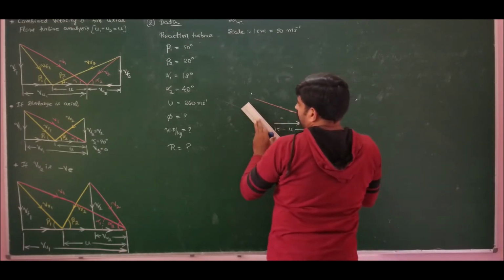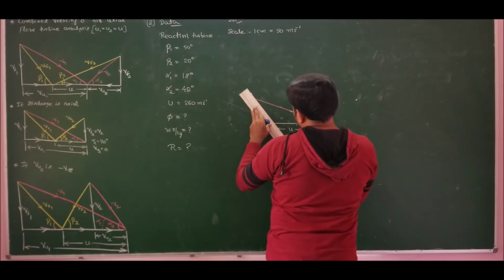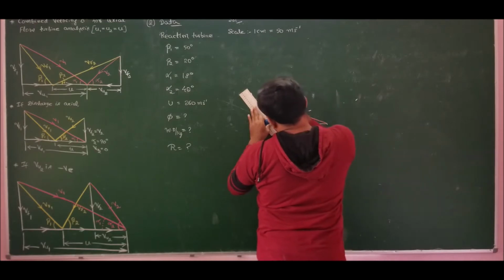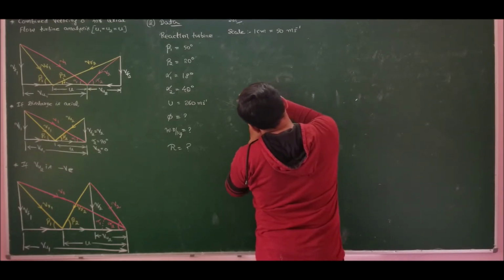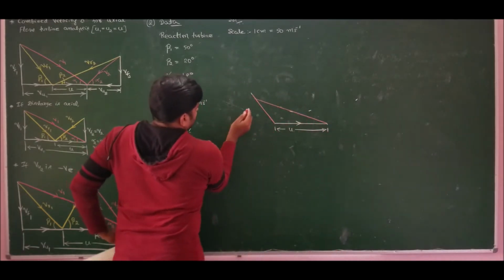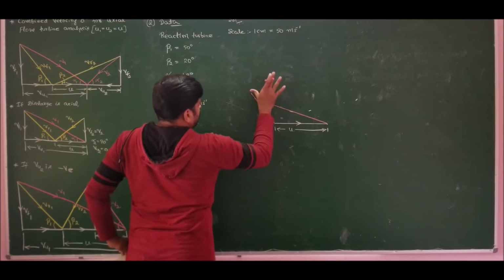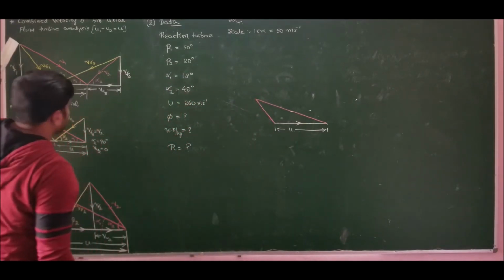Now we know beta 1, which is already marked for 50 degrees. Again, if I draw an arbitrary line whose length is unknown, which is VR1, it will intersect V1 at this point. So therefore we have obtained the peak, that is this point.